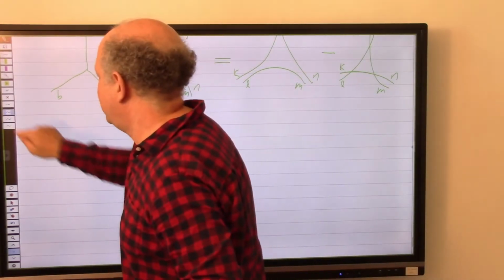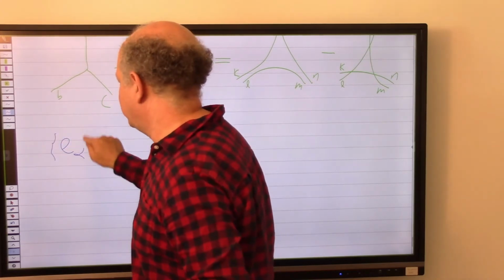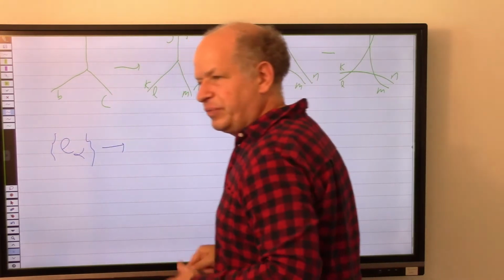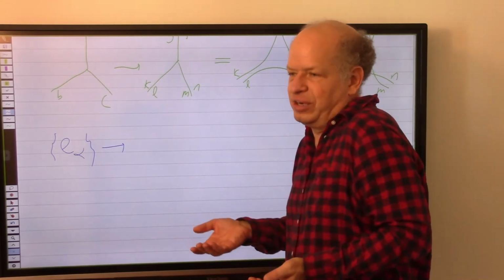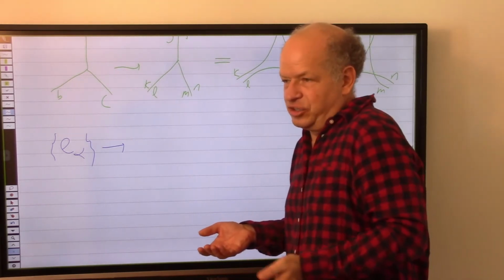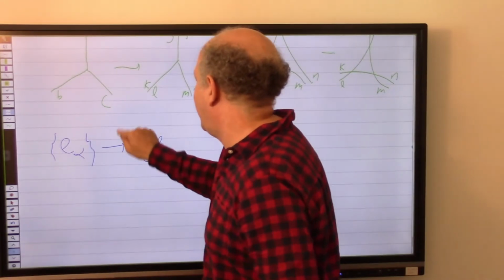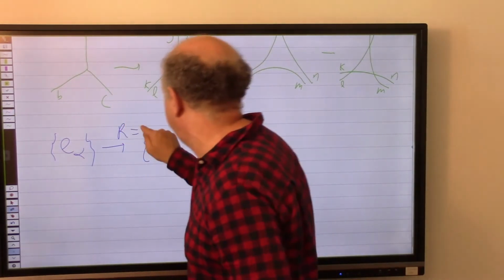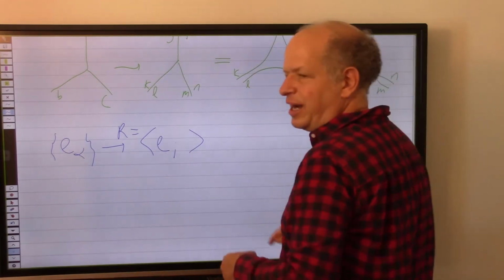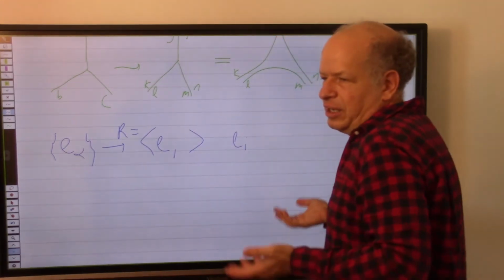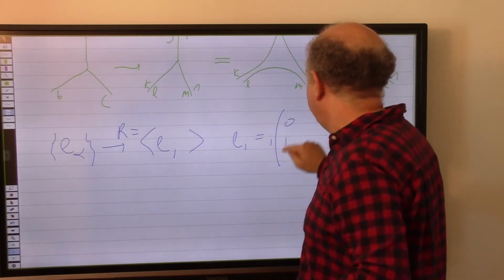So the representation is spanned by E alpha, that was the generic notation we used, but now it's the n-dimensional representation, and I already have indices that run from 1 to n, namely the I and J and K, L, so I may as well use the same type of indices, so R is equal to the vector space spanned by vectors EI, where EI is the standard basis vector of an n-dimensional vector space. So 1 in position I and 0 elsewhere.